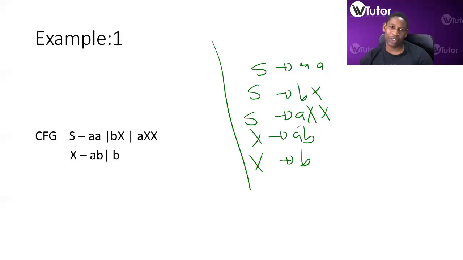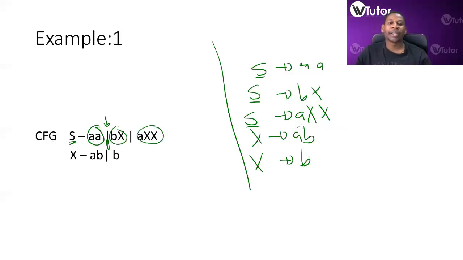If a non-terminal appears more than once on the left-hand side, we can rewrite it in this format: S goes to this one, or this line over here, or this or that.